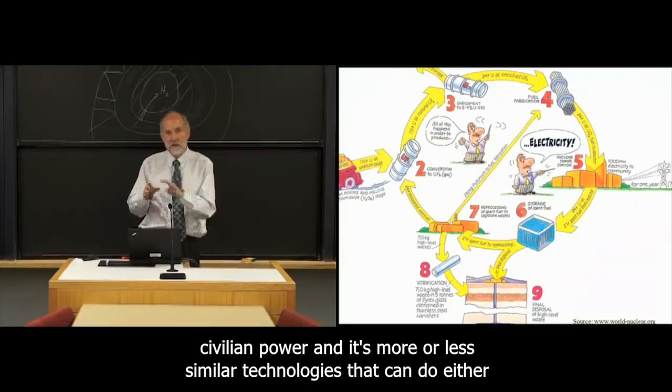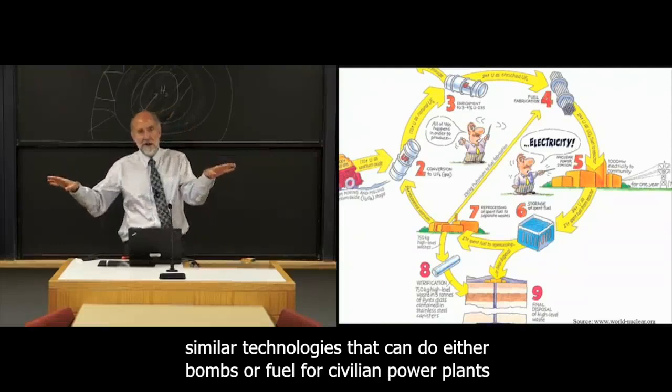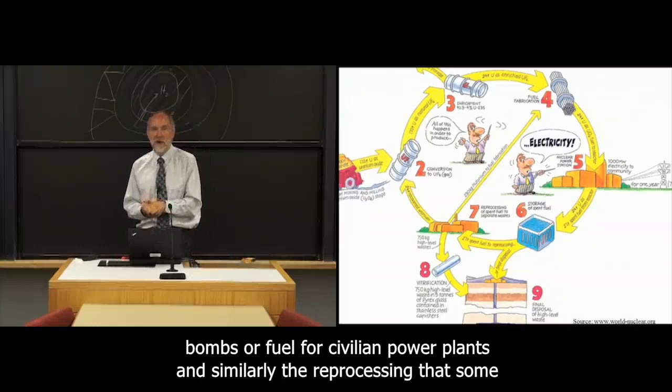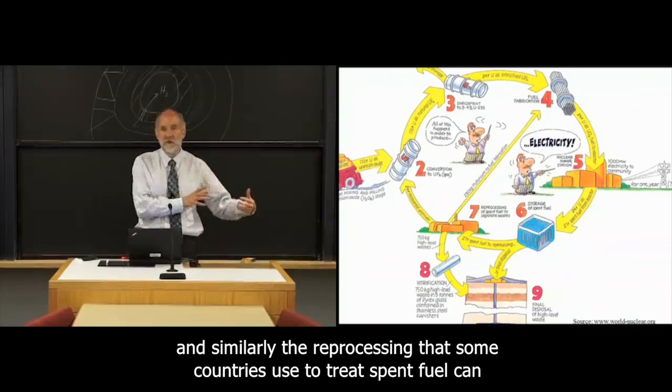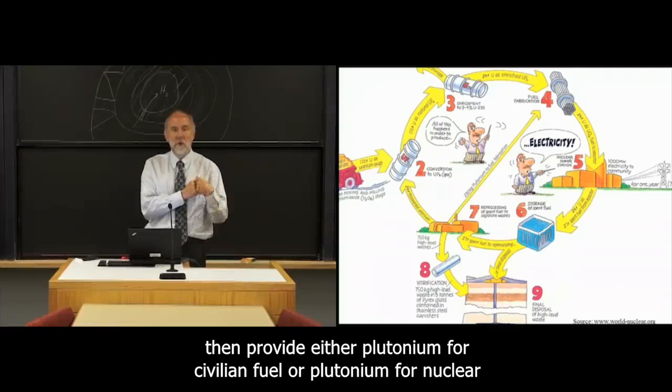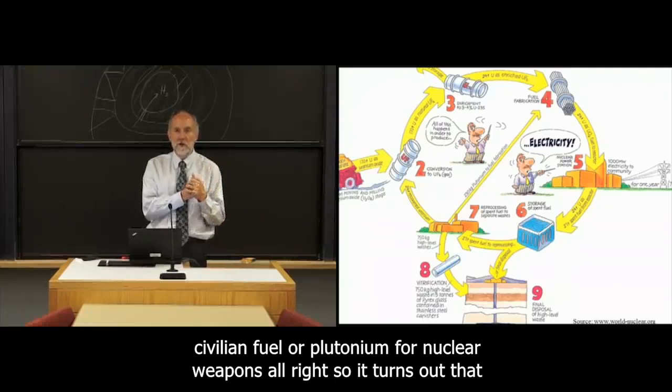And it's more or less similar technologies that can do either bombs or fuel for civilian power plants. And similarly, the reprocessing that some countries use to treat spent fuel can then provide either plutonium for civilian fuel or plutonium for nuclear weapons.